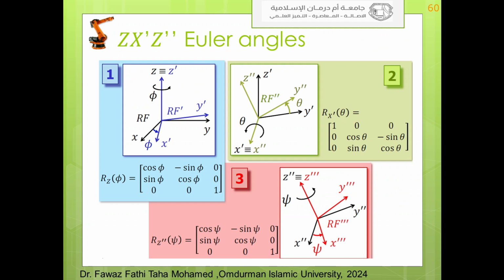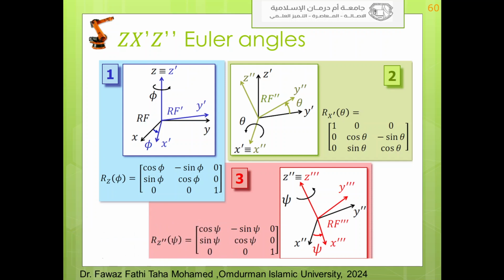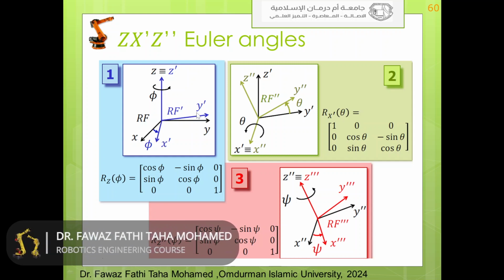So here we can find the formula by using our proof for post multiplication. Here we have the first rotation around the z-axis, so we get a new frame x dash, y dash, z dash.